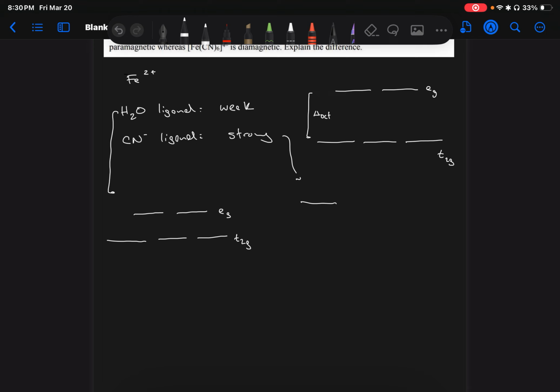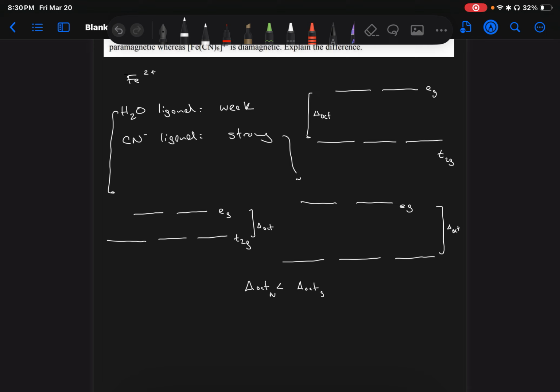This gap will be bigger, so I'll make it visibly larger. Clearly, this delta is smaller than the other one. So I'll put this as weak delta oct and strong delta oct.